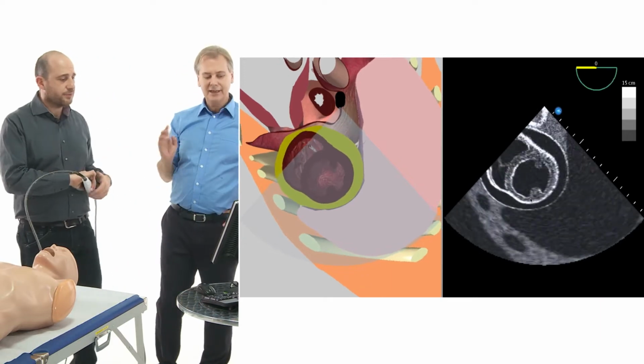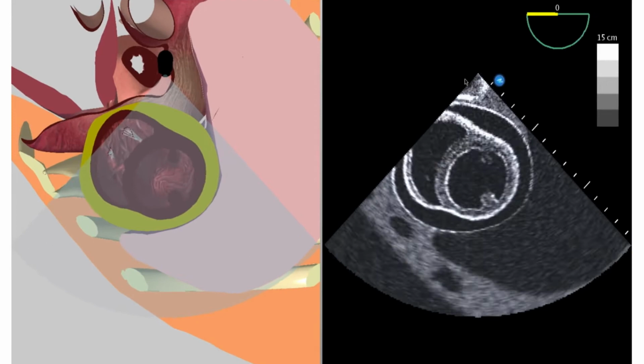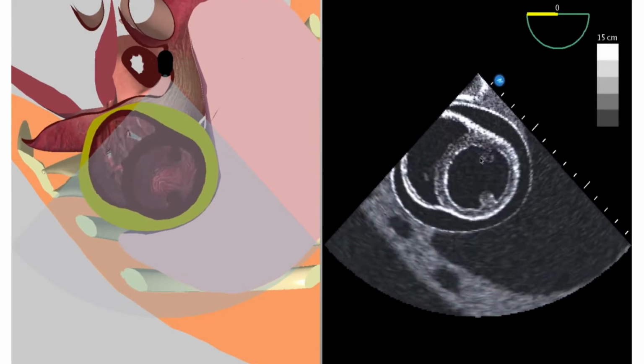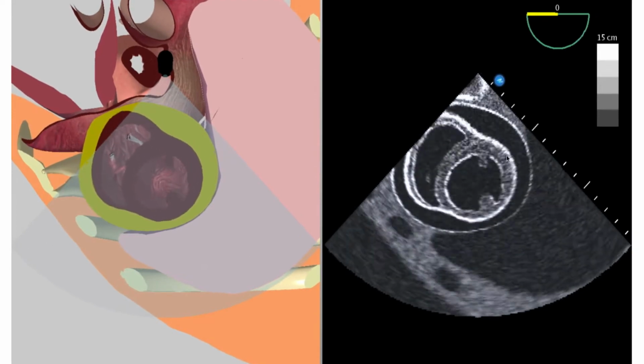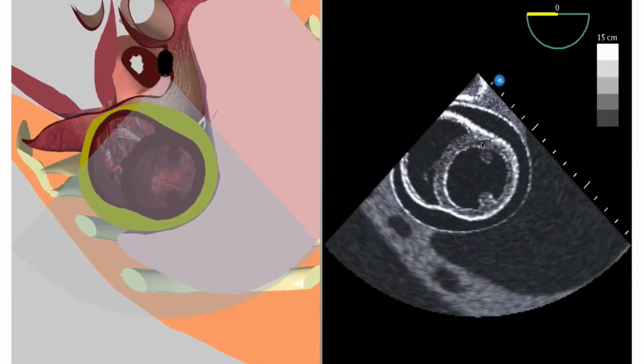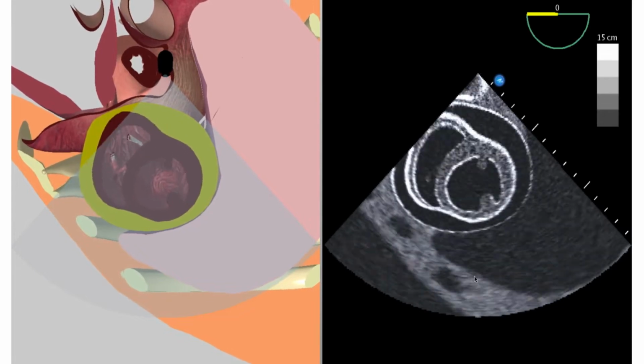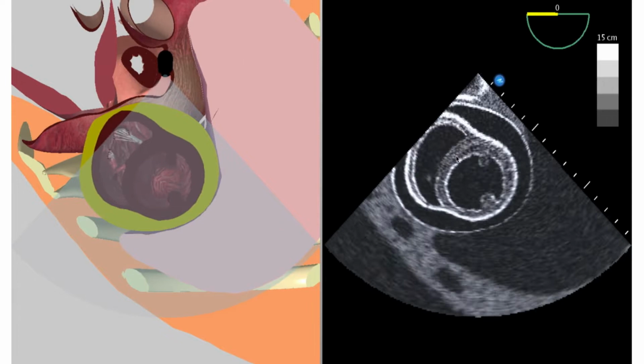Yeah, it's important, it's easy to remember because remember, you're looking from behind the heart. So this would be the esophagus. So the closest part must be, the closest part is for sure the inferior wall, and you see here very close to the septum. Yeah? Right. This is the inferior wall, this is the septum. Yeah.